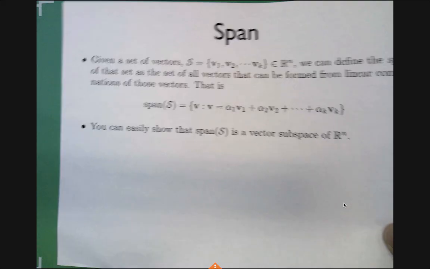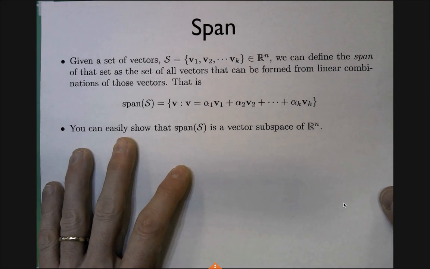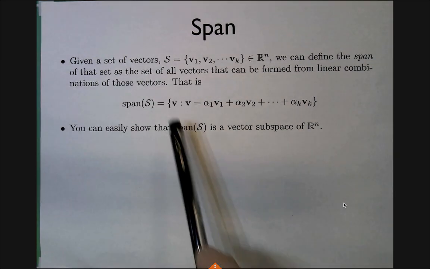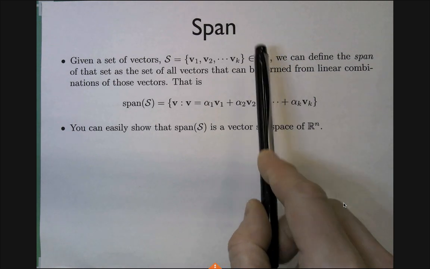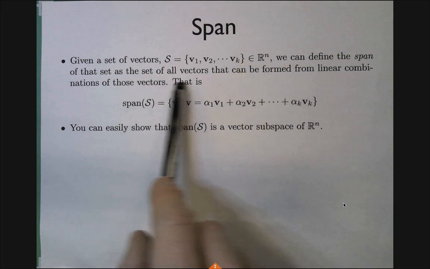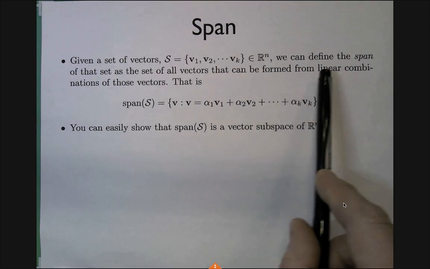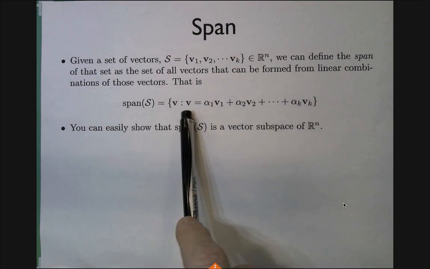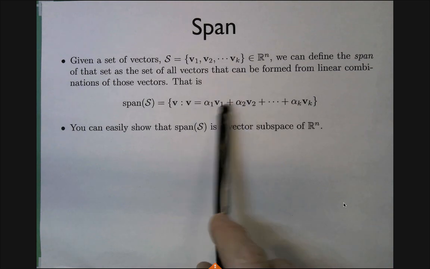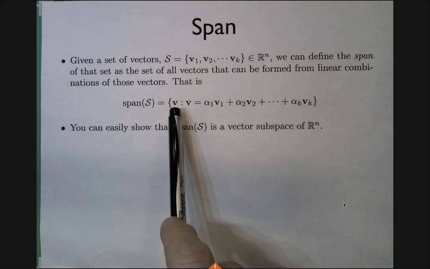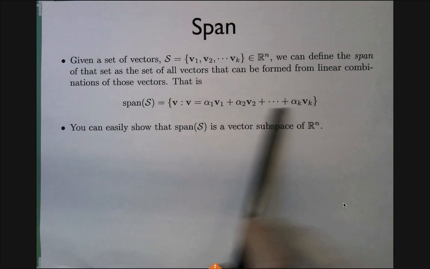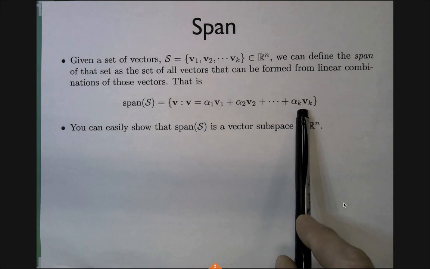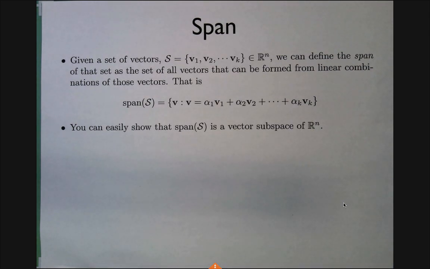All right, another important concept is that of span. It's quite simple. If I give you k vectors in an n-dimensional linear space, the span is defined as the set of all vectors formed by taking their linear combinations. Specifically, I pick arbitrary scalars alpha 1 to alpha k, and that generates some vector v. All these vectors, for all possible choices of alpha 1, alpha 2 to alpha k, form the span of this set of vectors.